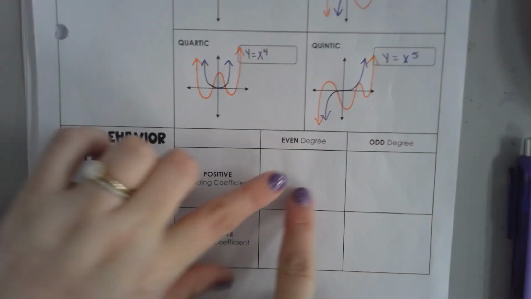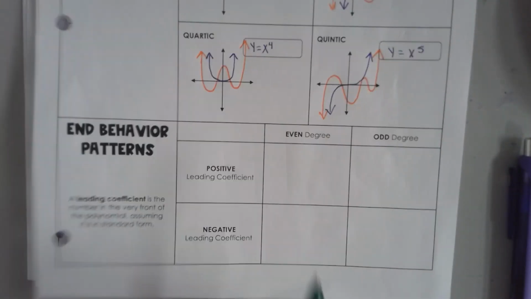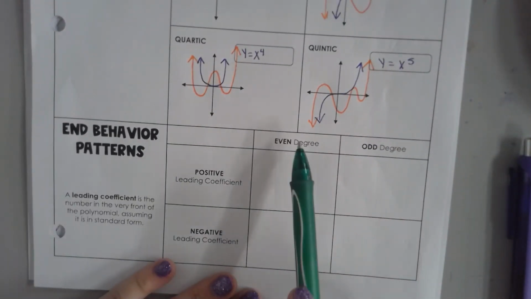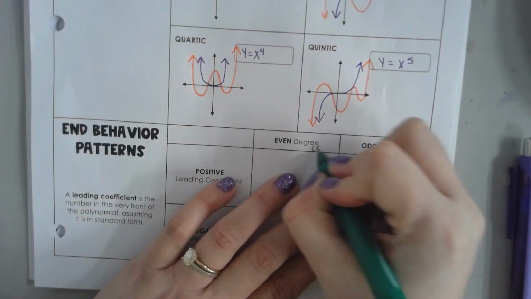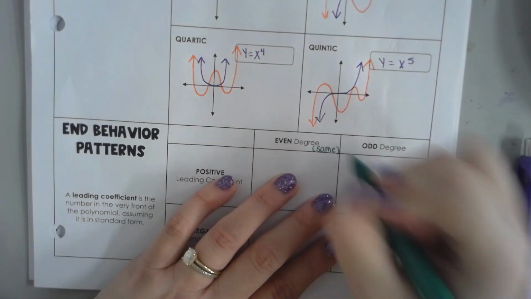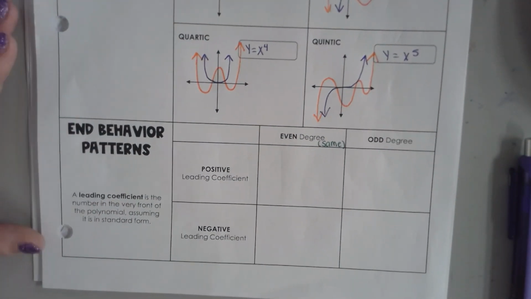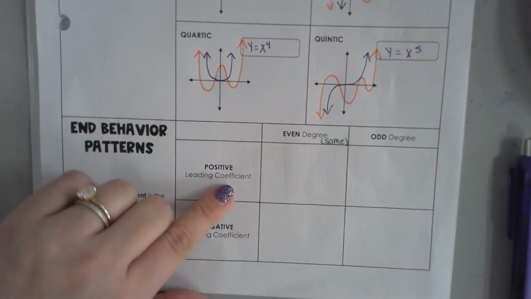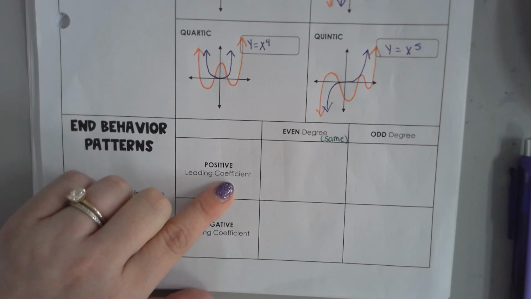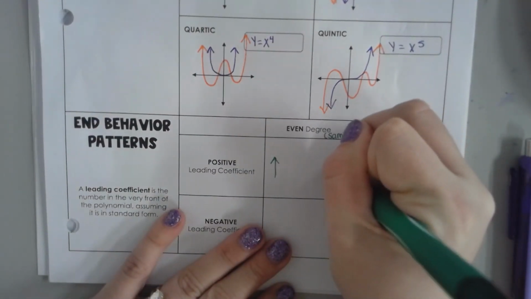So we're just going to do a little diagram here. If we have an even degree, that means the arrows are going to point in the same direction. An even degree, same direction. If it's positive, like both of these, both arrows are going to point up.